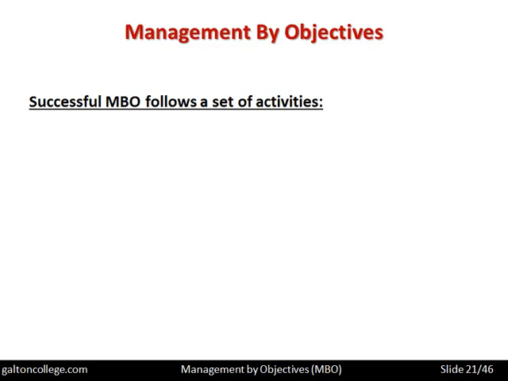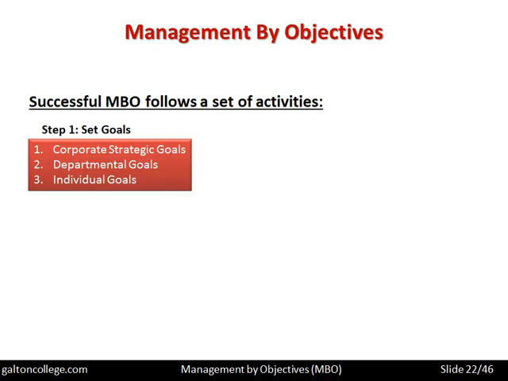Successful management by objectives follows a set of activities. So there is a set of activities that we can imagine here in developing management by objectives. For example, set the goals of the organisation, and these, as I said earlier, can run as the corporate goals, or it could be departmental goals, or it could be individual goals.